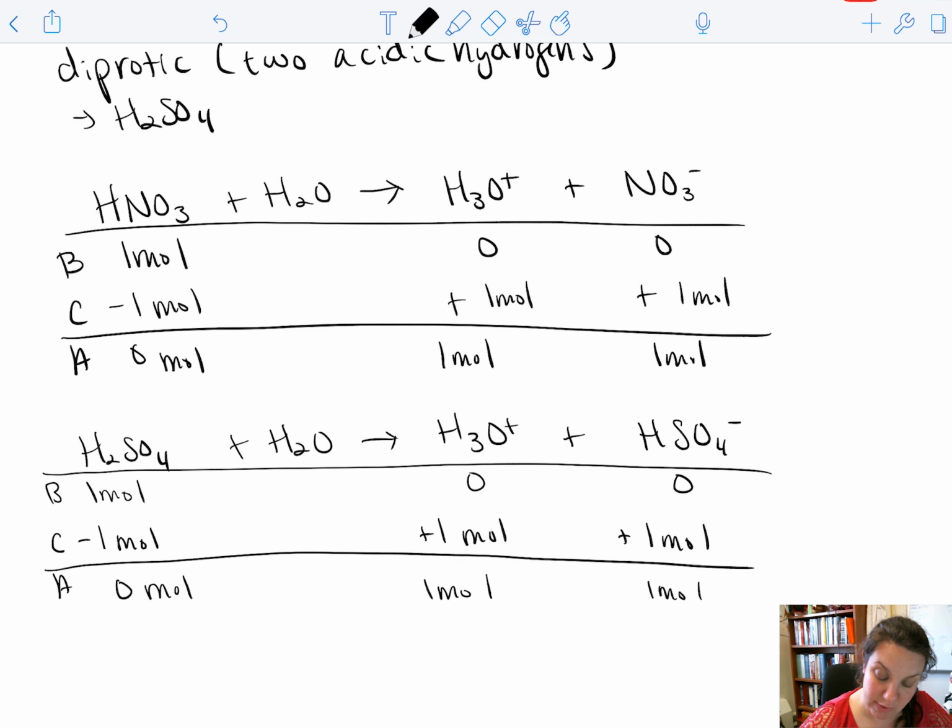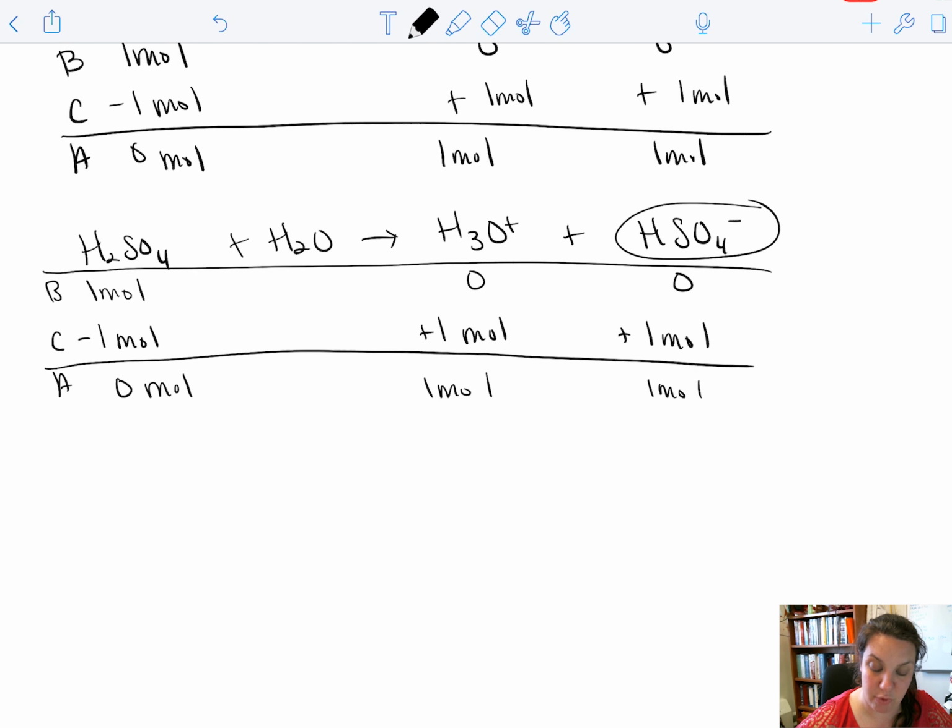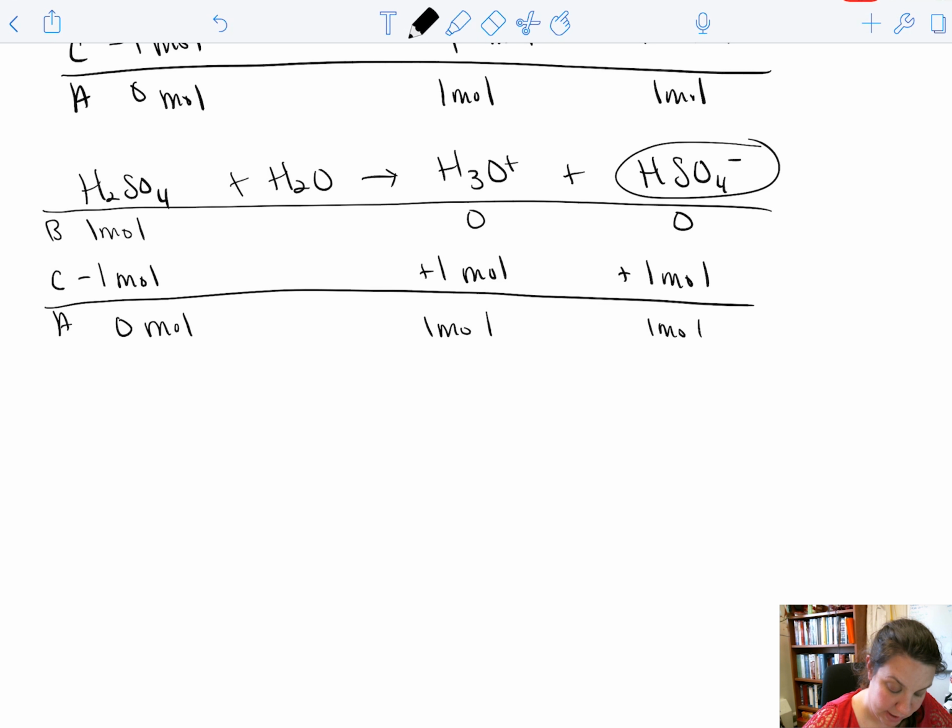Now, we still have an acidic hydrogen here. We will talk about this more in detail in a little bit, but that HSO4 minus can further dissociate because we still have an acidic proton. But now we have an equilibrium process.